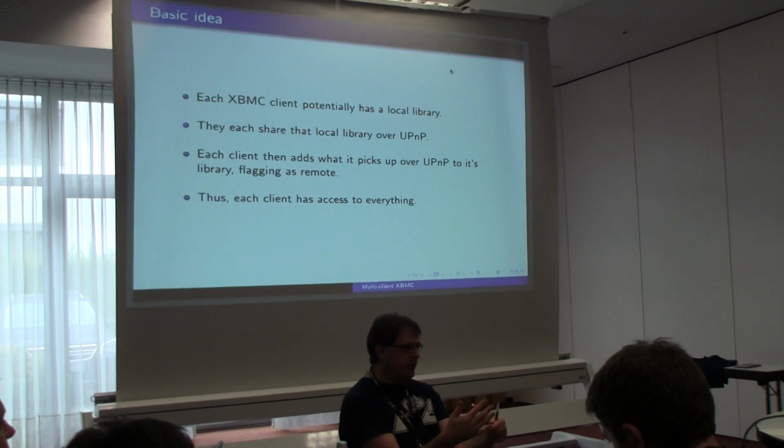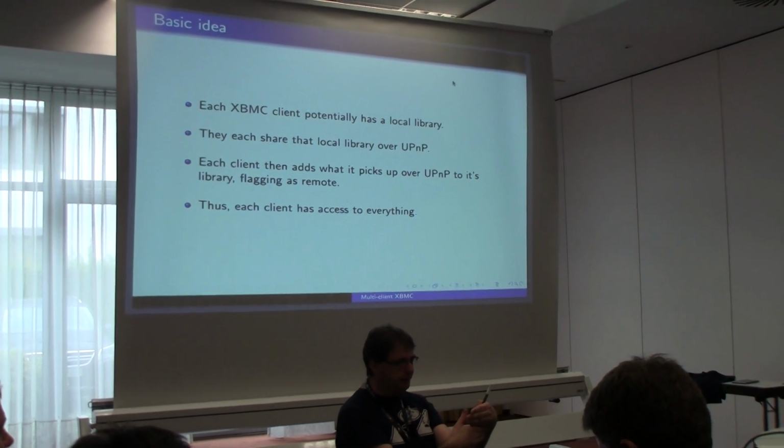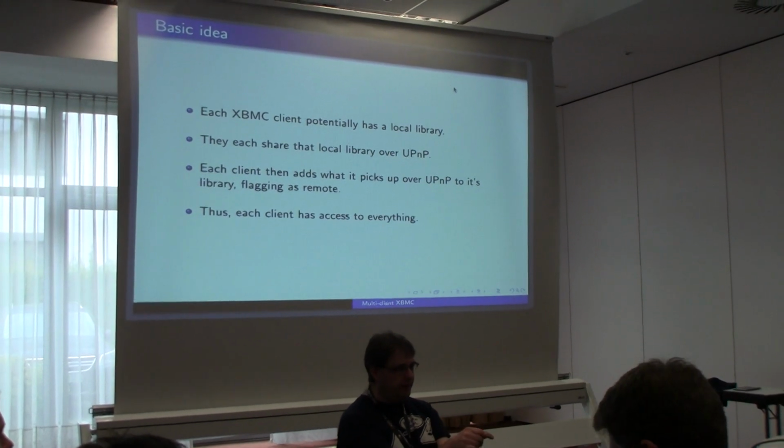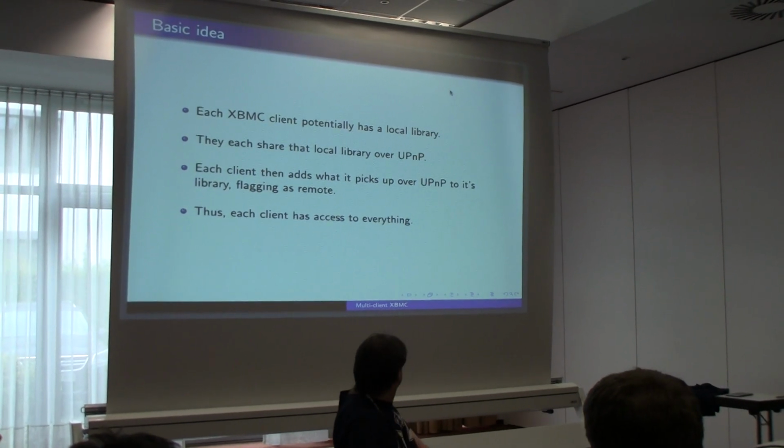So you've got your local library, and then you just slap all the other stuff into the exact same library, so that when you click on movies, you get everything, right? It's a pretty simple idea.